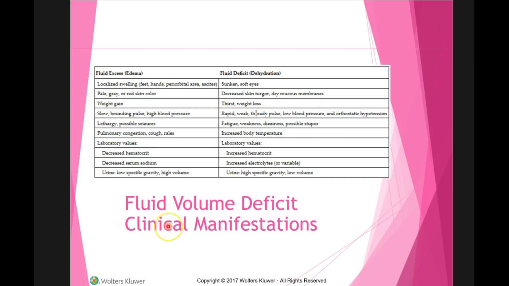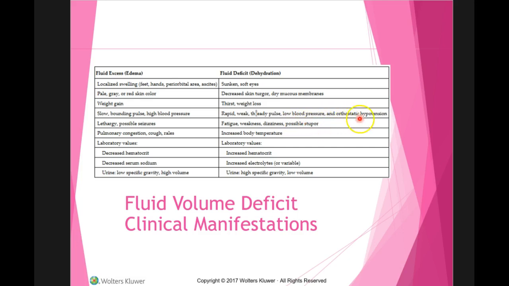This is just a comparison of the clinical manifestations of fluid volume excess versus deficit. Of course, you want to look at the eyes. Sometimes they'll have sunken eyes. They have decreased skin turgor and dry mucous membranes. Think back to your health assessment class. Thirst, sometimes weight loss, because we're made up of mostly water. They can have a rapid, thready pulse and low blood pressure.